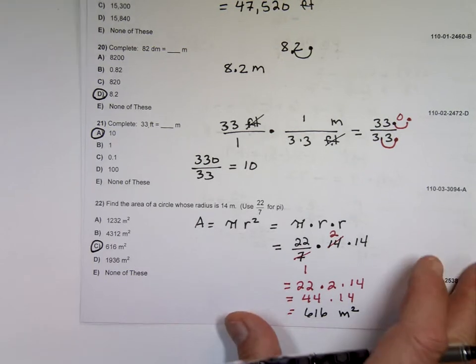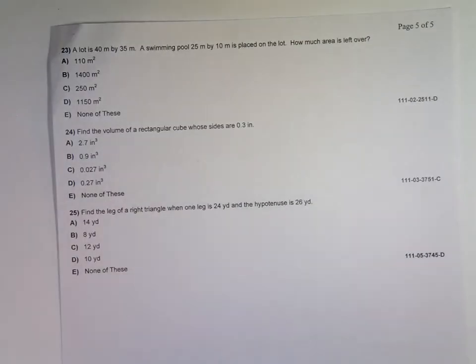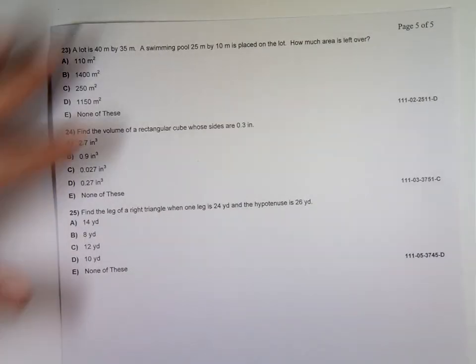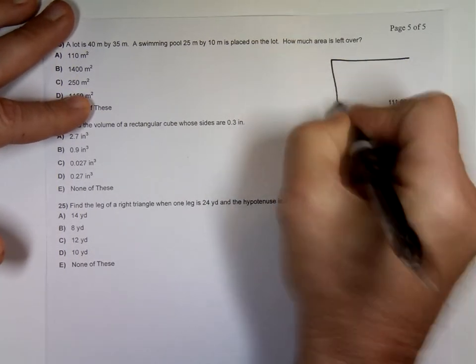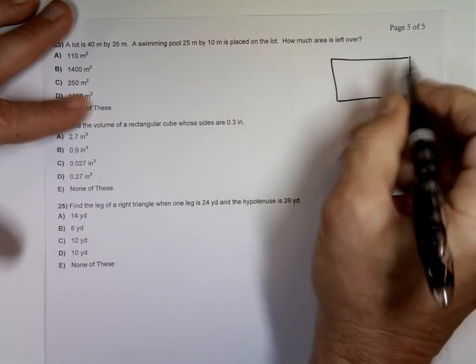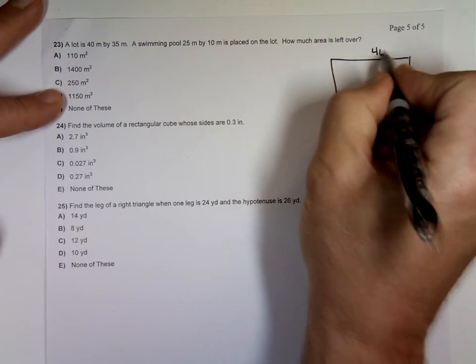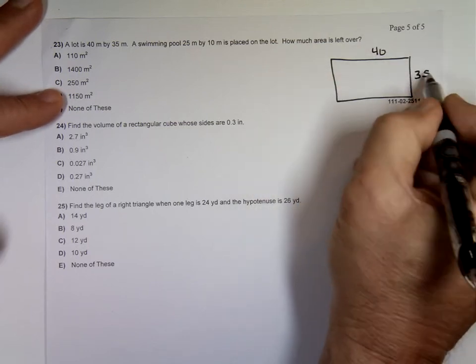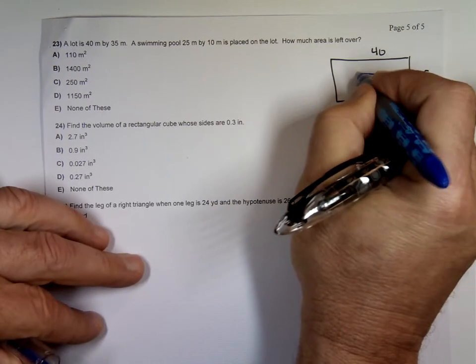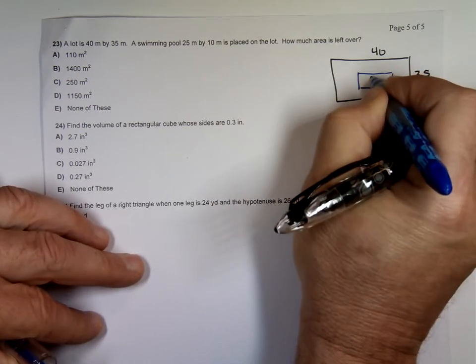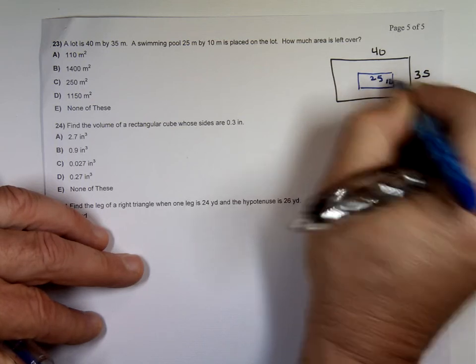And the last page, when I say the last one, this has 25 questions. We have a piece of land that's 40 by 35 meters. Then you had a swimming pool put in that's 25 by 10. And the question: how much area is left?